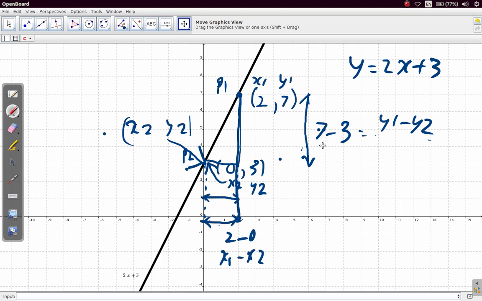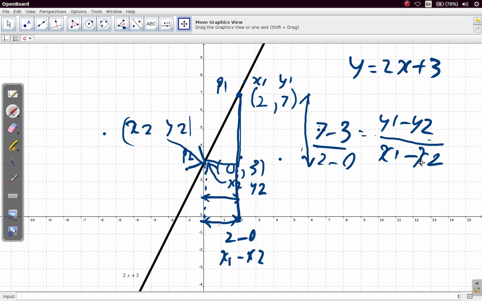So, if we want rise over run, where 7 minus 3 is the rise going up and down, 2 minus 0 is the run, then this is 7 minus 3, which is 7 is at y1 and 3 is at y2, so it's y1 minus y2, divided by 2 is at x1, right below x1, so it's x1 minus, and then right on x2 we have 0, so this is x2.